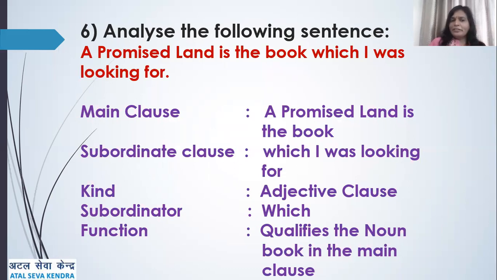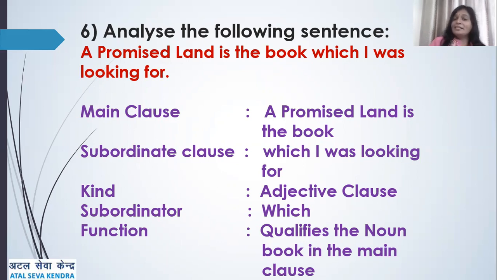You are not expected to write all of these if you are asked only to pick up the dependent clause and state its kind. So you have to again read the question properly. If you are asked to analyze, all these will come. If you have to only pick out the dependent clause, then you don't have to write subordinator and function. So again, as I told you, be very, very careful when you read the activity sheet.